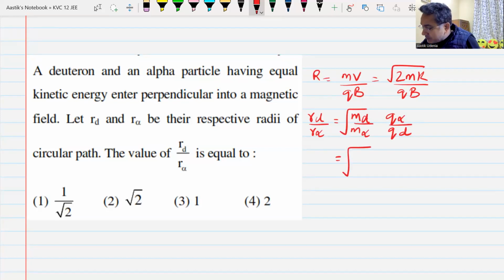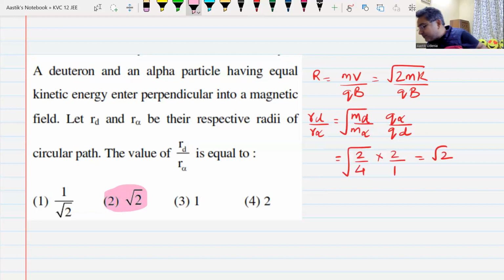Mass of the deuteron by mass of the alpha particle is 2 by 4, multiplied by charge of the alpha particle divided by the charge of deuteron, which is 2:1. The ratio is coming as root 2. That is the answer that we are looking at, my dear friends.